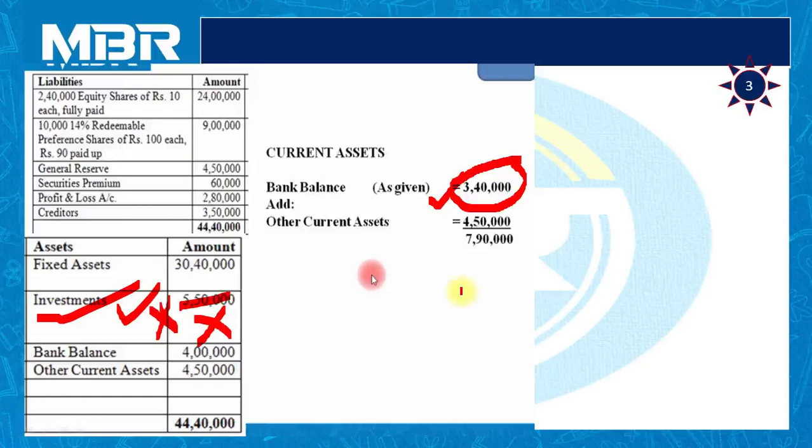But if you don't want to put the closing balance of rupees 3,40,000 directly, don't worry, you can calculate the closing balance of the bank account using our calculations like this.